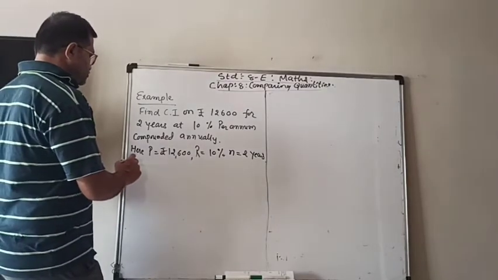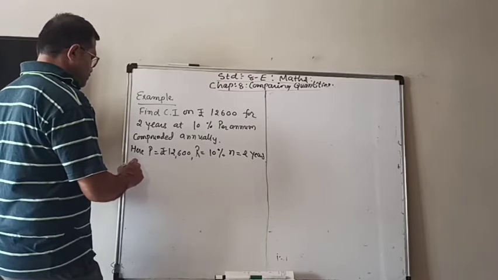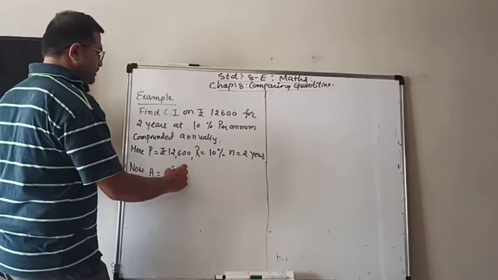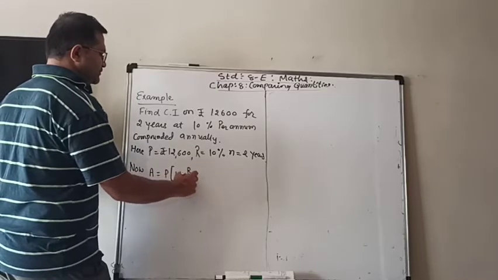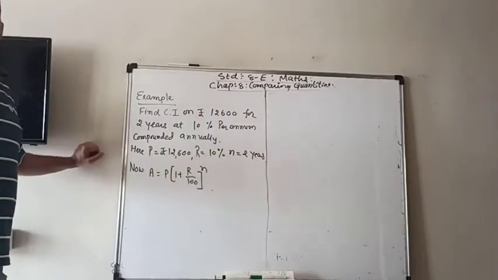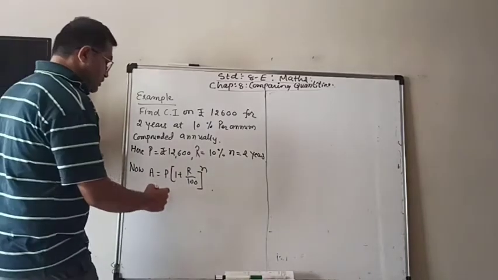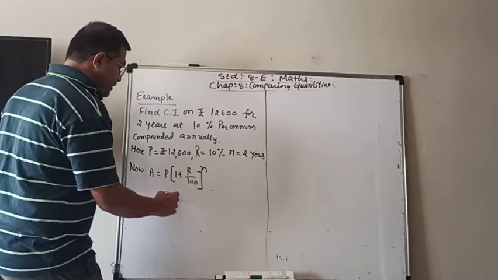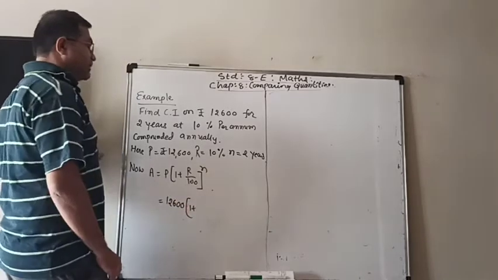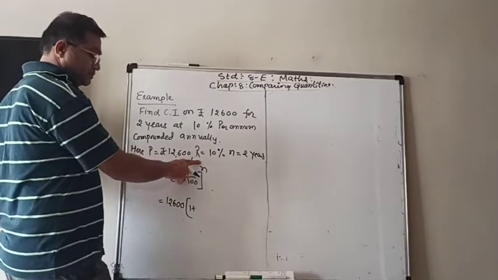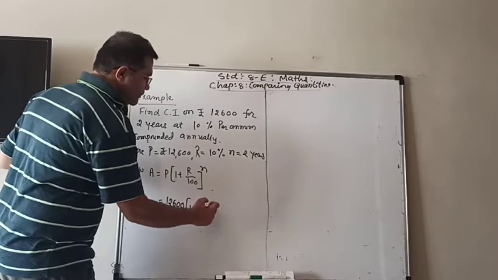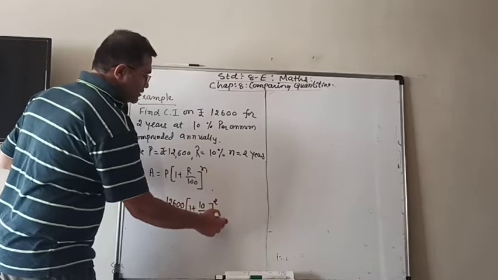So now we have to use the formula. A is equal to P into bracket 1 plus R upon 100 raised to power n. That is equal to 12,600 into 1 plus, what is the rate? 10. So that is 10 upon 100 raised to 2.